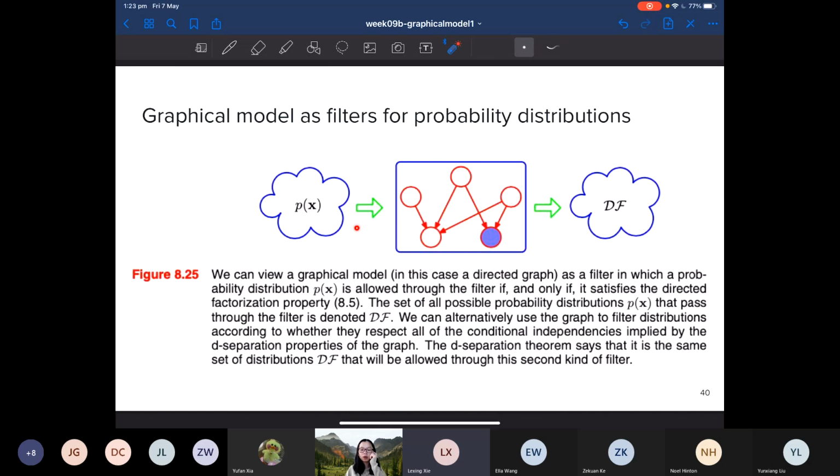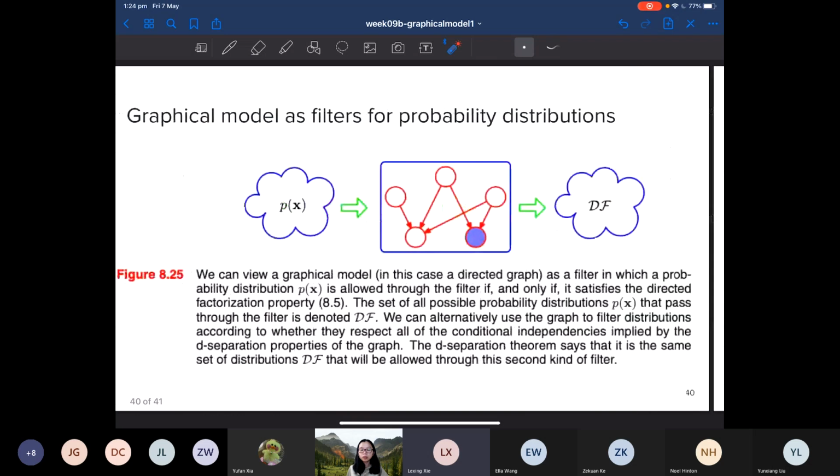From the general joint distribution, passing through this graph, only a subset of valid joint distributions are left. This DF set contains any joint distribution that factorizes according to the graph, and vice versa. The d-separation theorem says it's the same set of distributions DF that will be allowed through this filter.